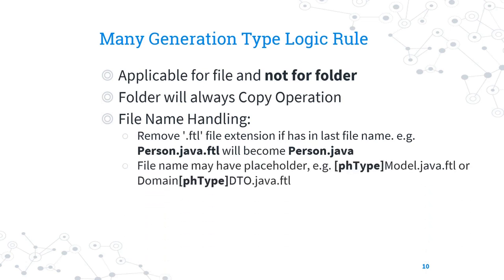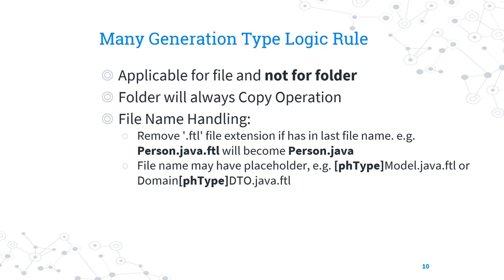The second rule on the file name handling is the file name may have a placeholder. For example, if you find the open square bracket, then ps type, and then close square bracket, model.java.ftl, or for example domain open square bracket ps type close square bracket dto.java.ftl.